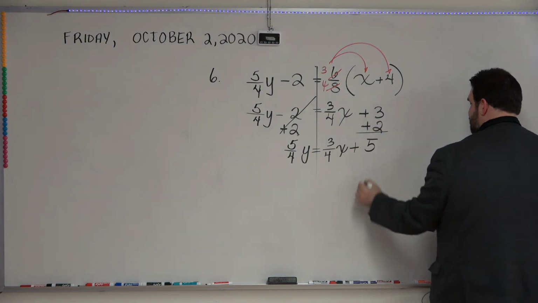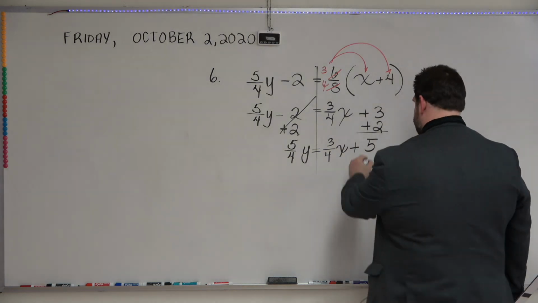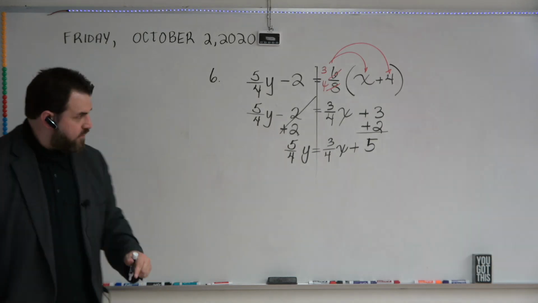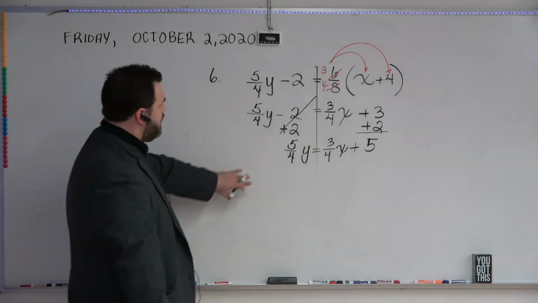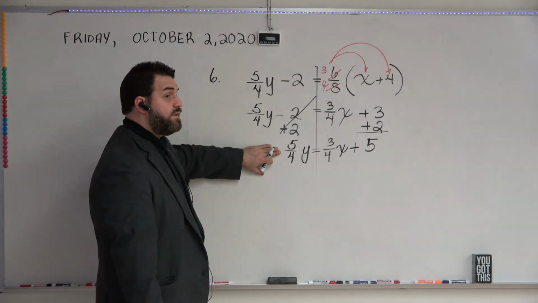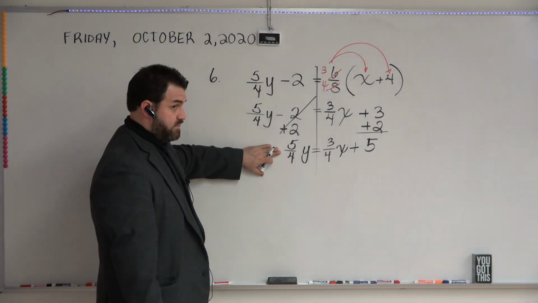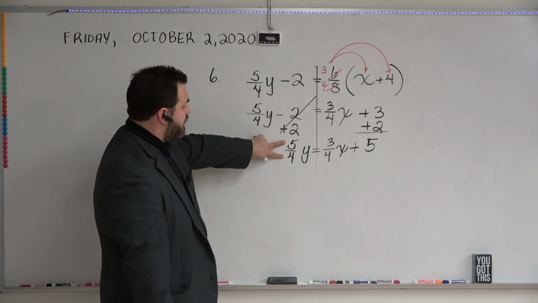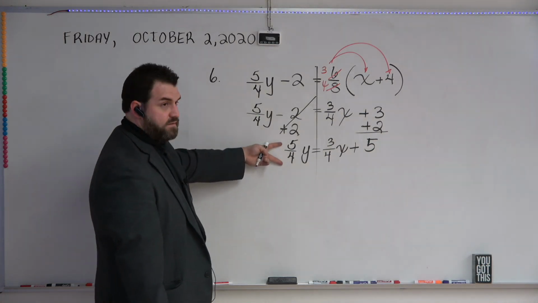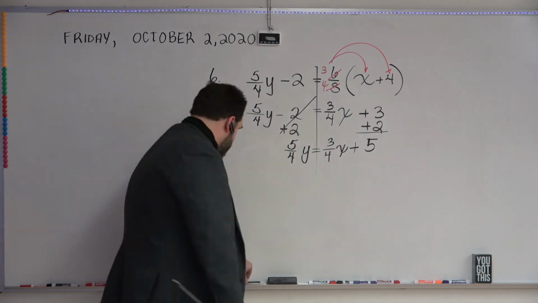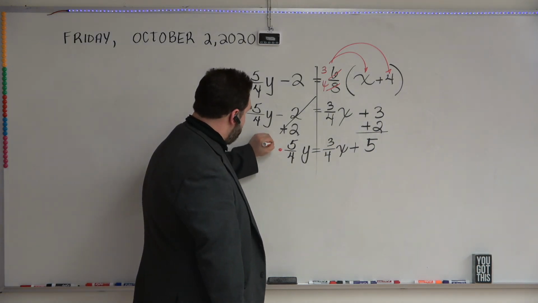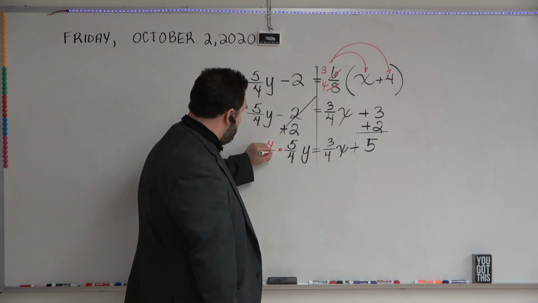Now there's one final step. You weren't here the first week that we did this, but we did something called multiplying by the reciprocal. And the reciprocal is just this fraction flipped. So I'm going to multiply both sides by 4/5.